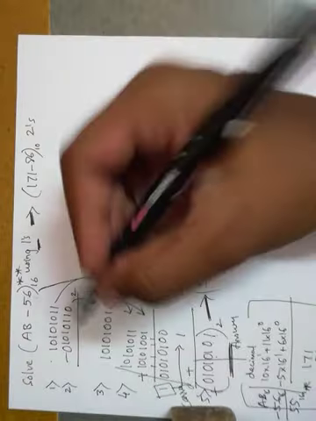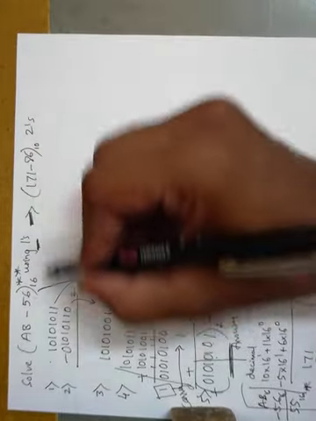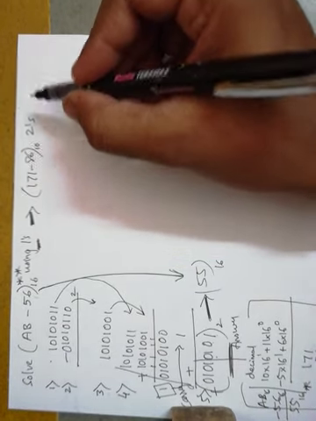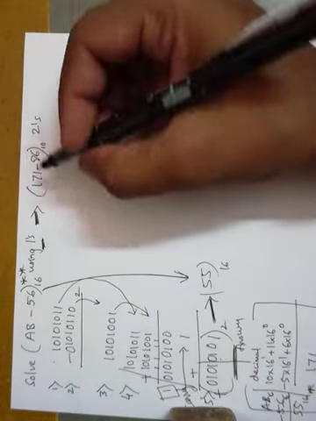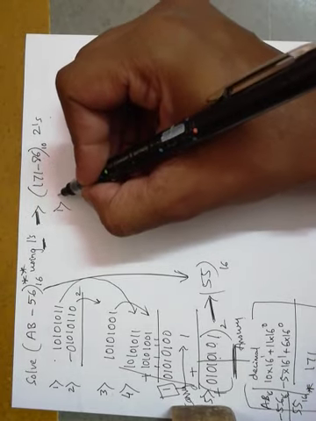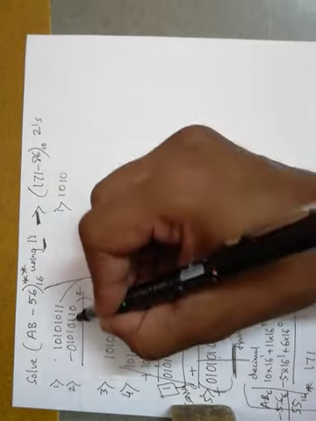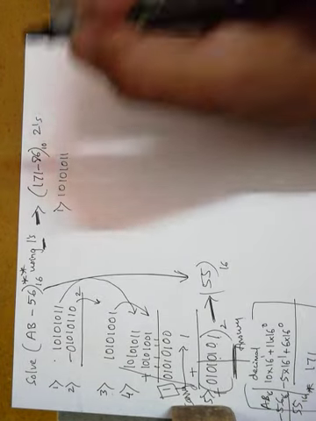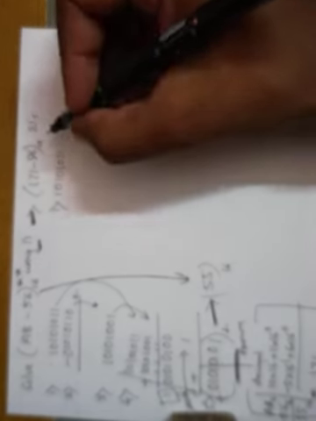Okay, we'll take a fresh start. Solve 171 minus 86 in decimal using 2's complement method. Okay, quickly, if we have the steps with you, first step is convert these into binary numbers. I won't take much time. I have the values here. I will write as it is. If you want, you can solve, or I strongly suggest solve.